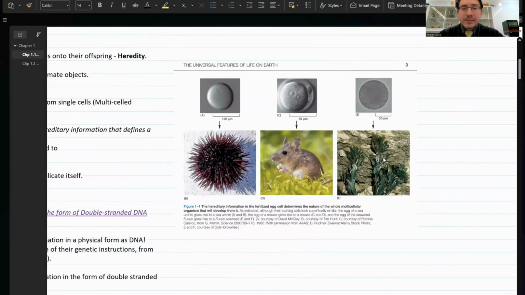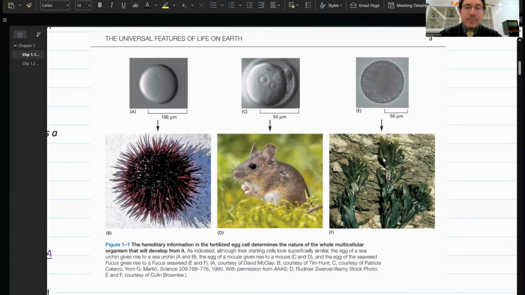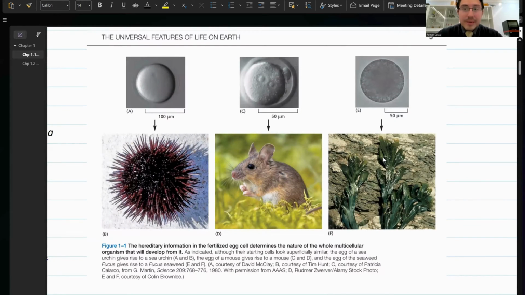And if you take a look at this little panel here, again, this is an example of how even multicellular organisms, despite being multicellular, ultimately come from a single cell, right? You have these fertilized eggs of these different organisms here. You have a sea urchin, you have a mouse, you have a seaweed, a fucus.